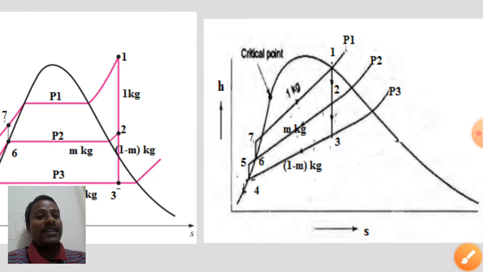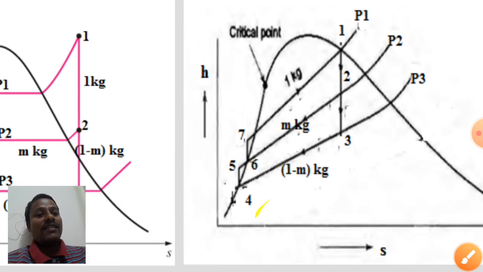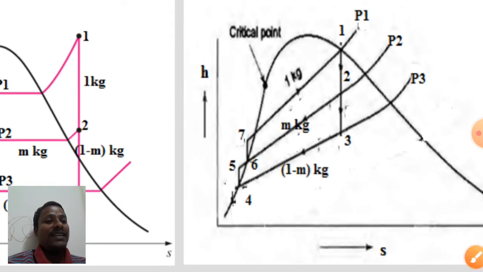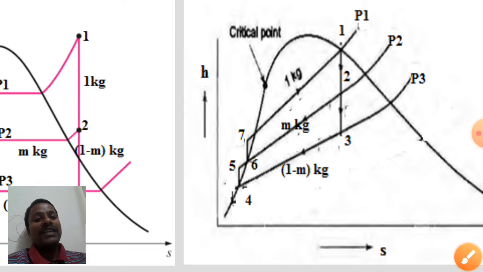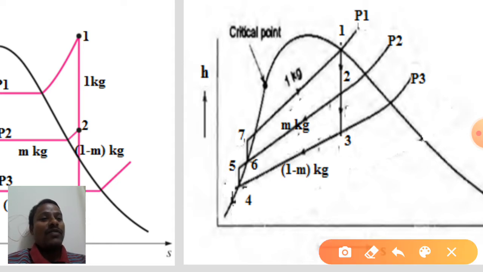So 4 to 5, we are supplying pump work, that is pump 1 work WP1 is supplied here. So 5 to 6 is open feed water heating, then 6 to 7 is the work of pump 2, this is here.